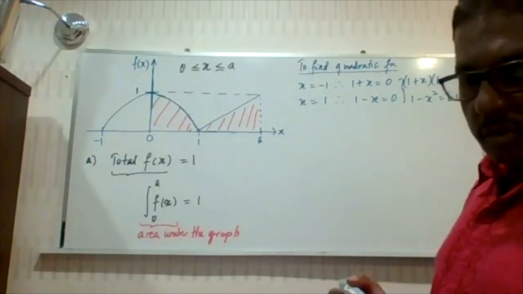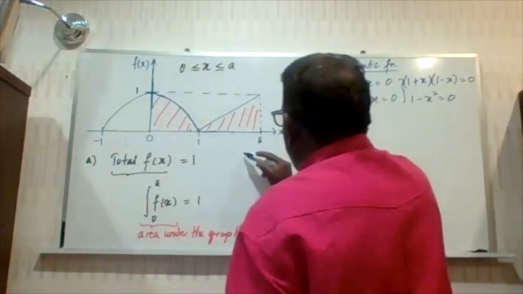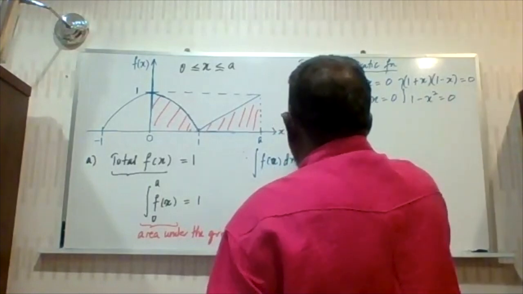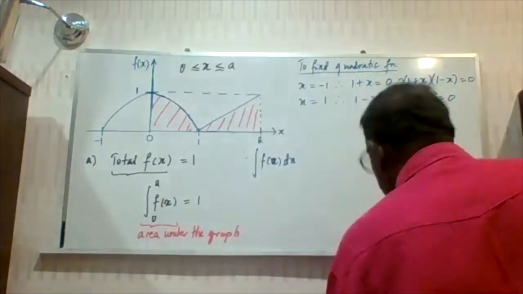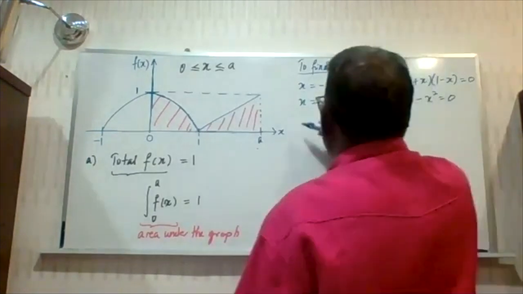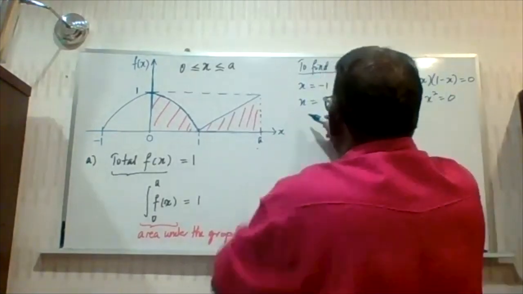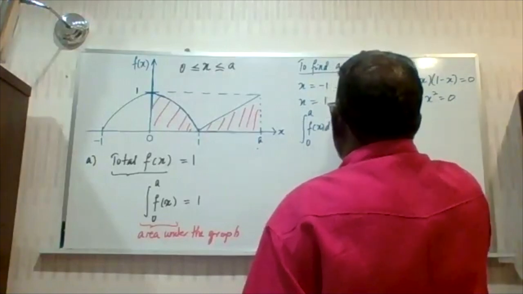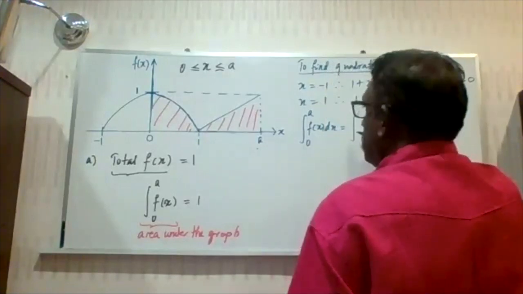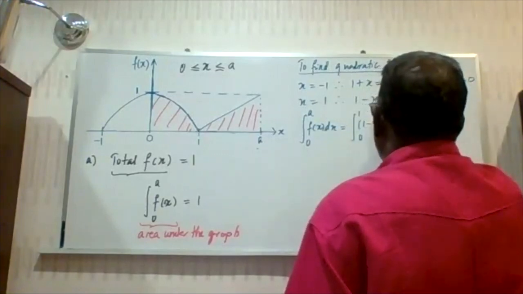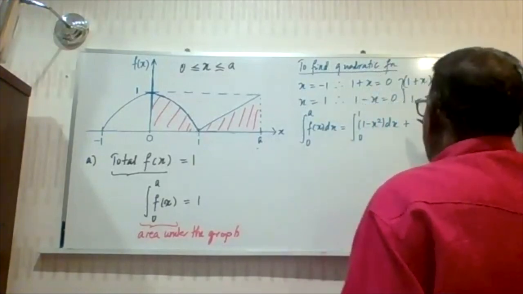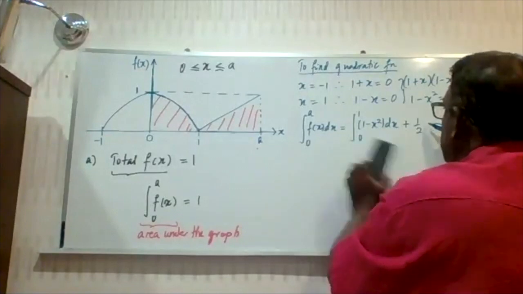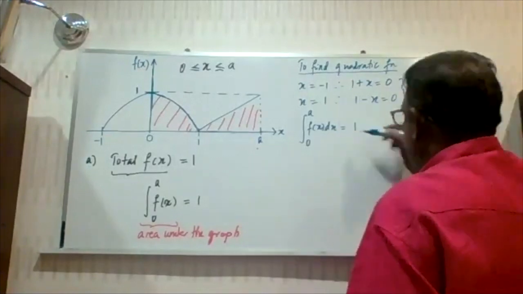Do you understand? Okay, so now I'll apply the integral of f(x) dx from 0 to a, which is equivalent to the integral from 0 to 1 of (1 minus x squared) dx, plus, that means I'm finding this area between 1 and a. The ideal total is 1.